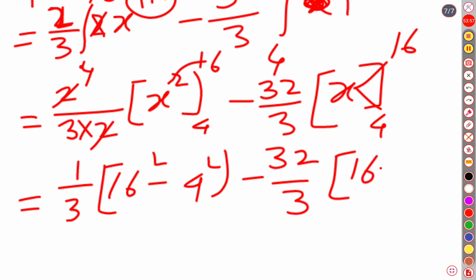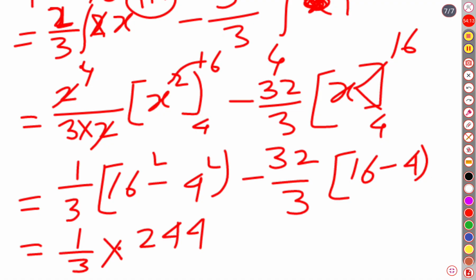That equals 1 over 3, 256. 16 square means 256. From 256, if we subtract 12, it is going to be 244, minus 32 over 3 into 12.